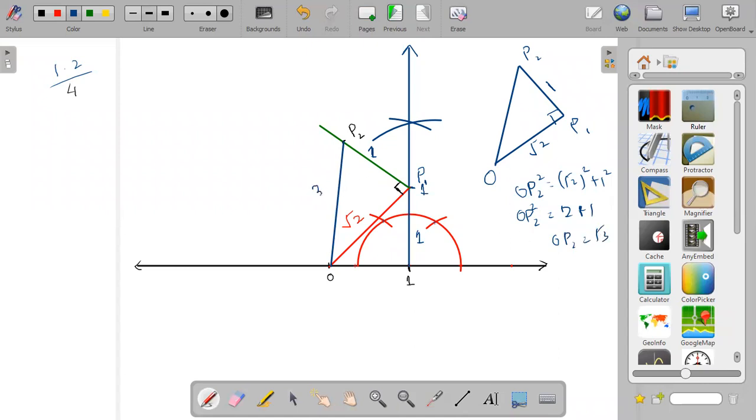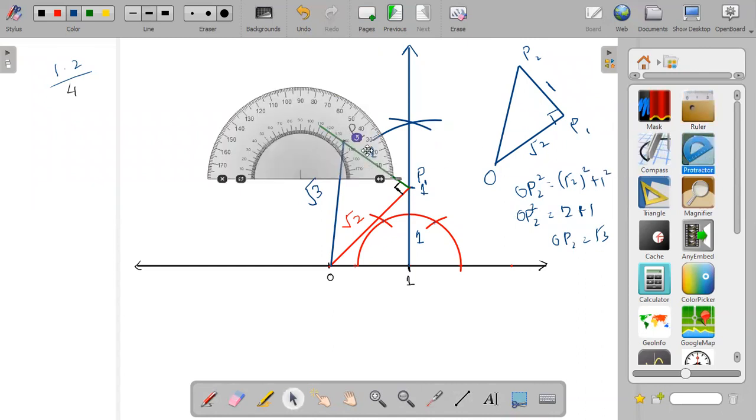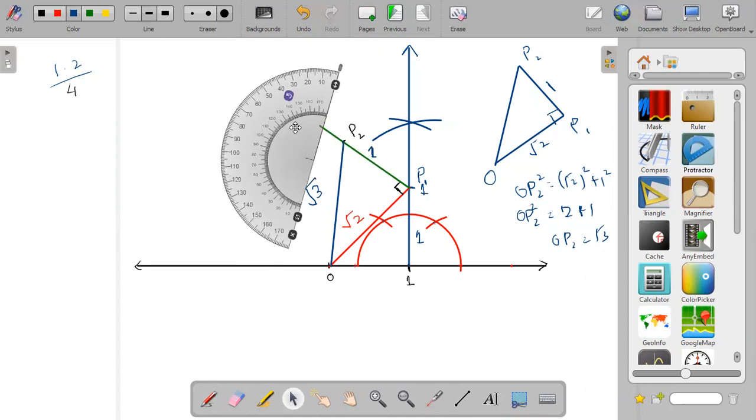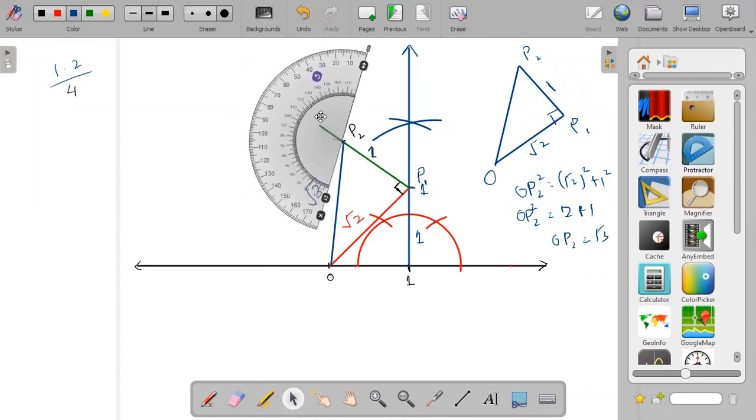So like this, you will have to do root 3, root 4, root 5, and all these points. One more, I will do in 5 minutes. Then again you will draw a perpendicular at this point. I will show you how to draw it with a protractor. You can draw the perpendicular on this point by using the protractor.